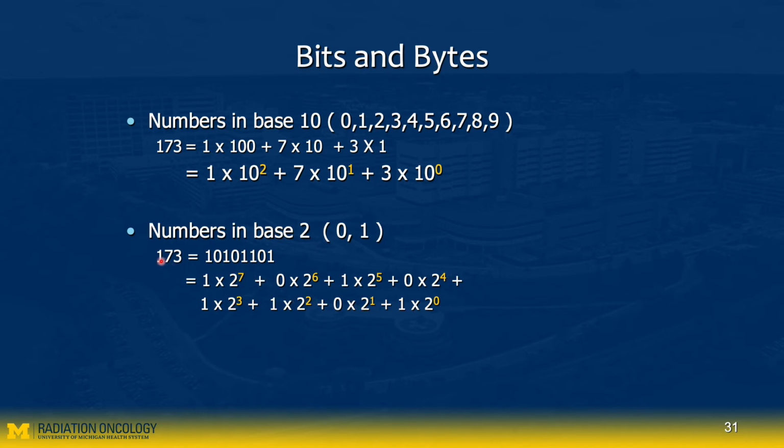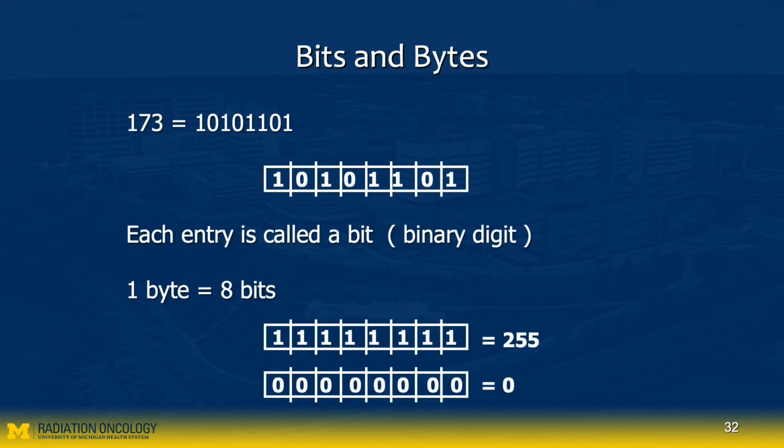To save 173, you need 1, 2, 3, 4, 5, 6, 7, 8 places. You may already know about this: this is base 2 in the digital world. To save the information of 173, you need these 8 places.